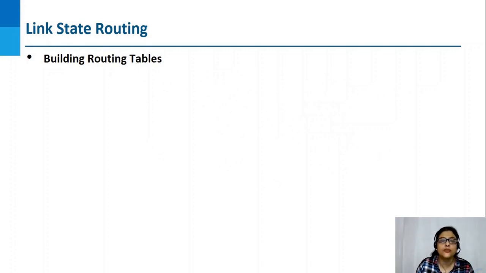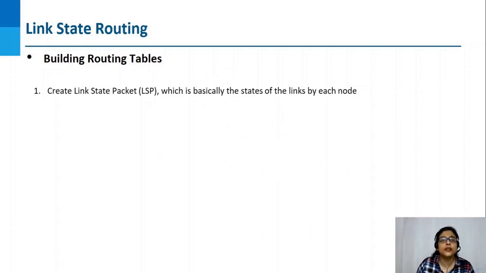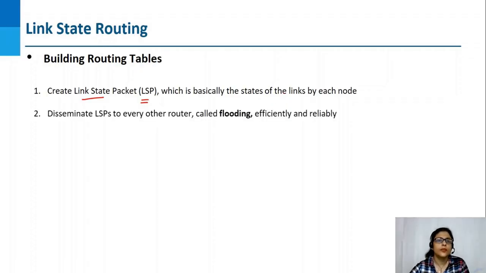Now they have to build the routing tables. In order to build the routing tables, there are 4 different steps that must be followed. Initially, any node must create the link state packet, or LSP, which basically is the state of the links of each node. Then they have to share these LSPs with every other node, and this type of sharing is called flooding.